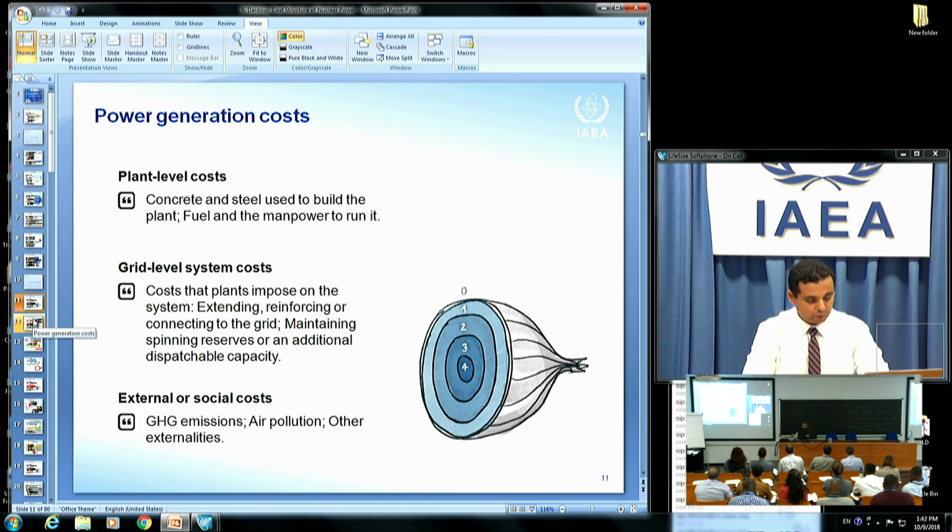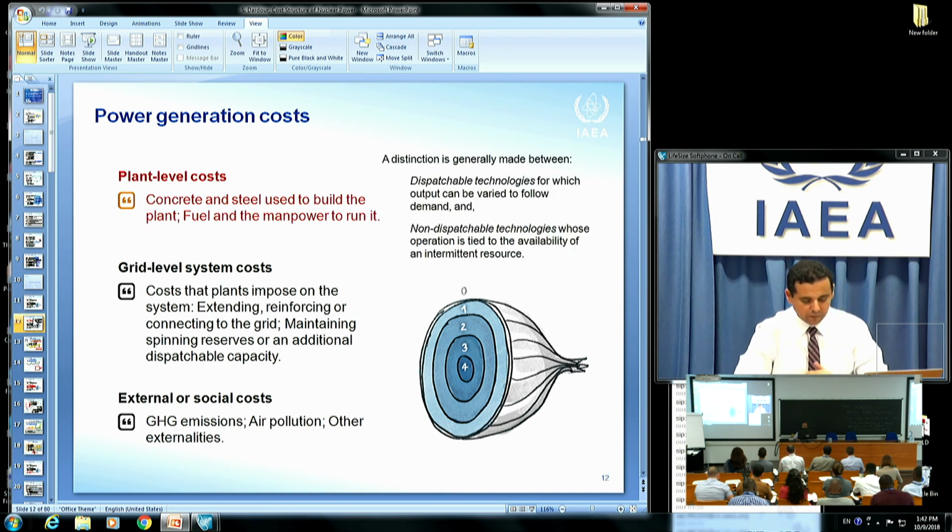So slide 12. I will be starting with plant level costs. These are the costs at the boundaries of the plant, what we call the bus bar costs. The bus bar is the interface which connects the plant to the grid.